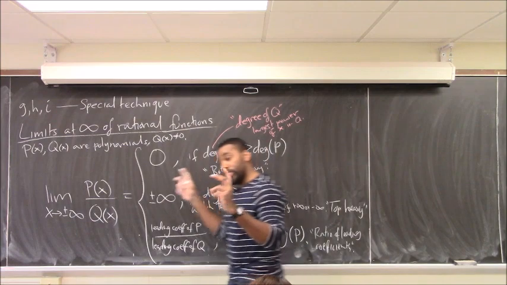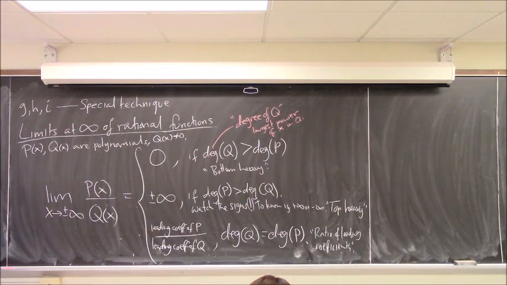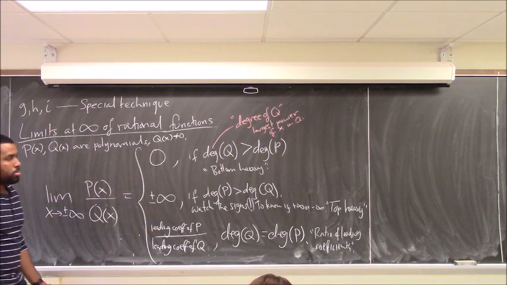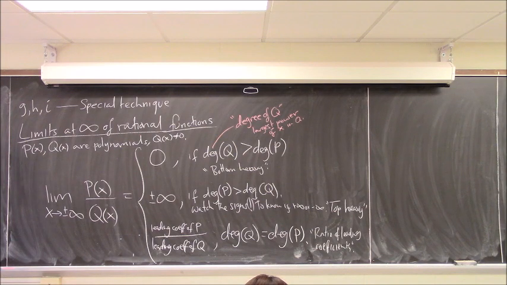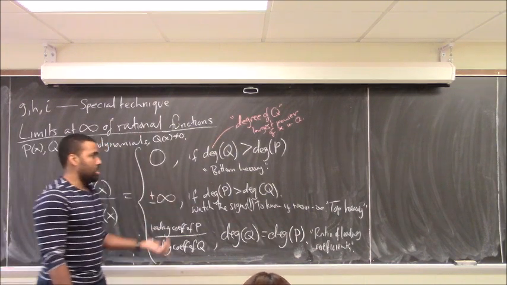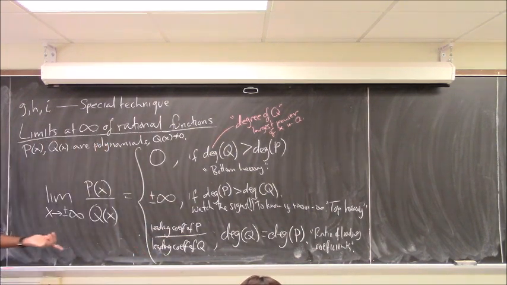So this is a special technique. When you're looking at limits, and you couldn't plug in and couldn't simplify, one thing you can look for immediately is whether what you're looking at falls into this category. If it does, it'll be easier, of course, than trying to graph it. You don't want to graph those functions. That'll take you forever.